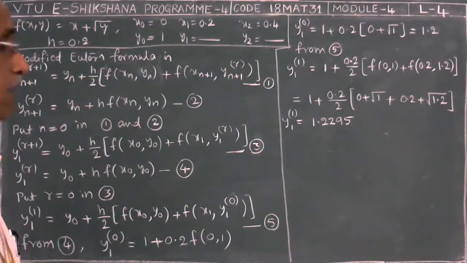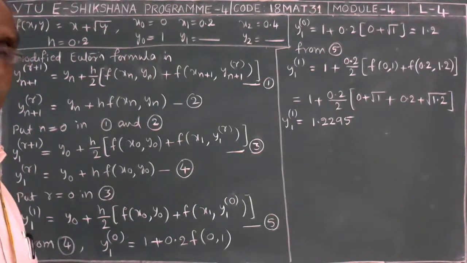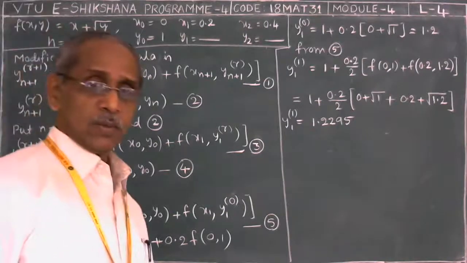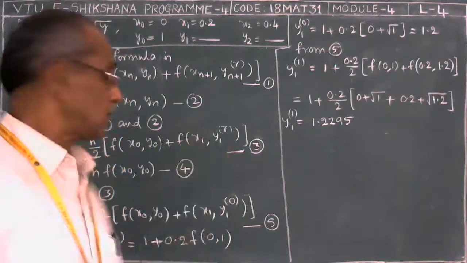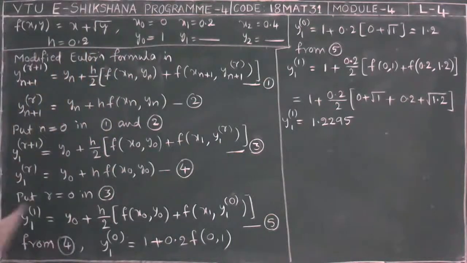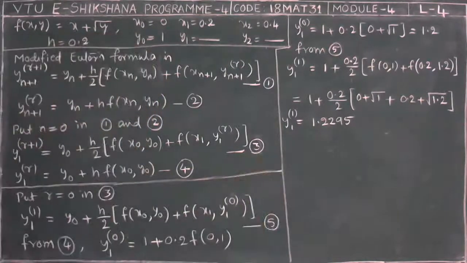Okay, so let me vary r, put r is equal to 1 and then obtain y12. So now I will put a line here, put r is equal to 1 in 3. So what happens?